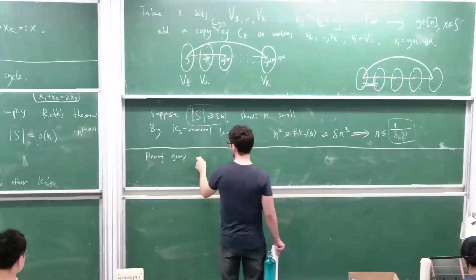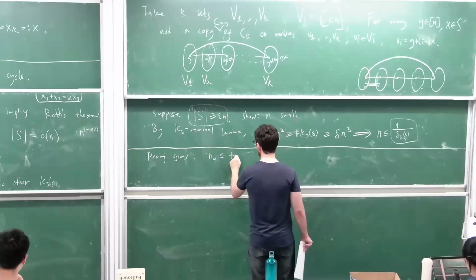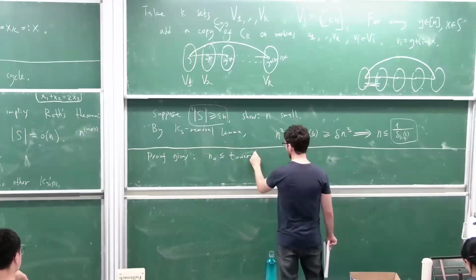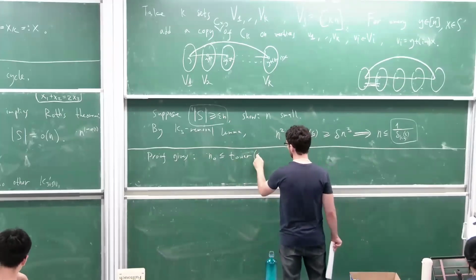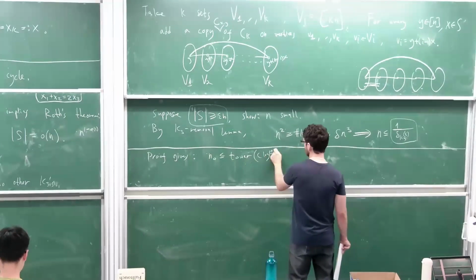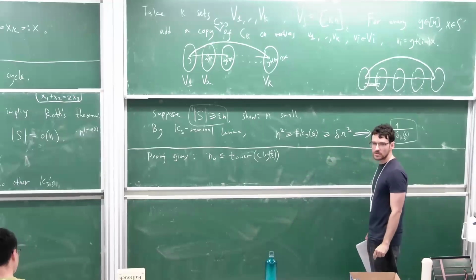is that n0 is at most, we already know that in the removal lemma, the dependencies are of tower type. If I take the best thing we know, this is the result of Fox that I mentioned yesterday, then we get this bound.